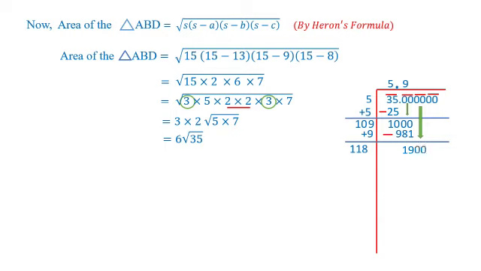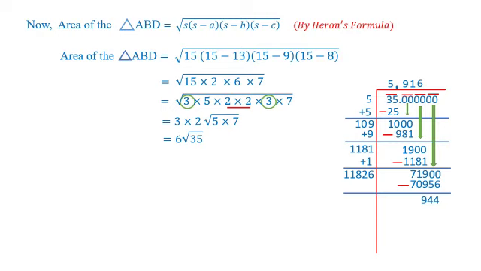Then we'll bring these two zeros down, that will give us 1900. Now it goes 1 time, so 1 time will give us 1181. If you subtract it, we'll get 719. Again similarly we are going to double the unit digit, so that will give us 1182. Then we'll bring these two zeros down, so now 71,900. Now it goes 6 times, so this will give us 944.